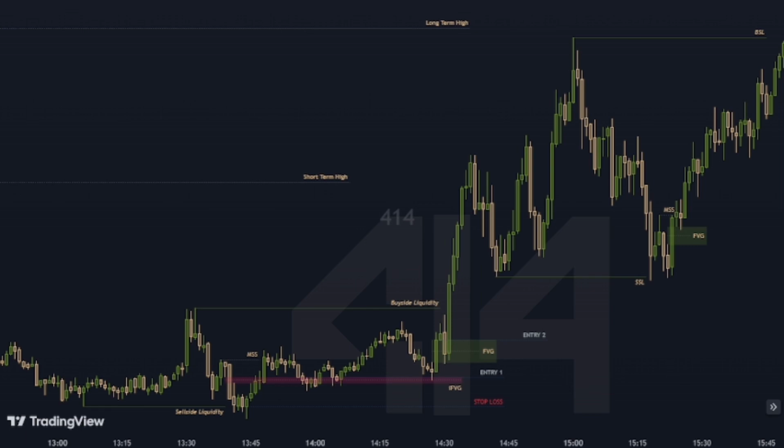Now, this is a candlestick chart. This is that low, sell side liquidity, and this is the high, buy side liquidity.